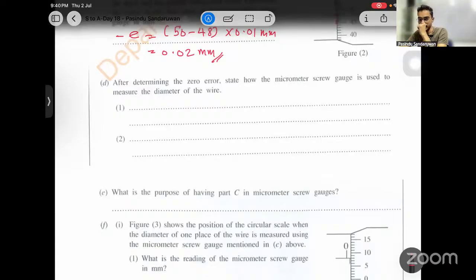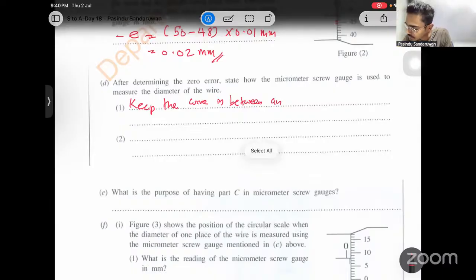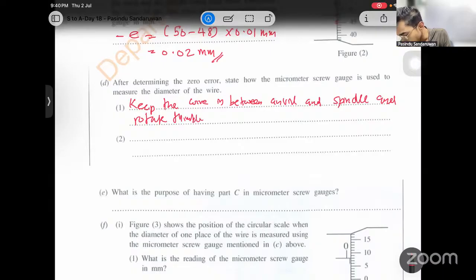Write down the first one: keep the wire in between the anvil and spindle, and rotate the thimble head until a ticking sound is heard.